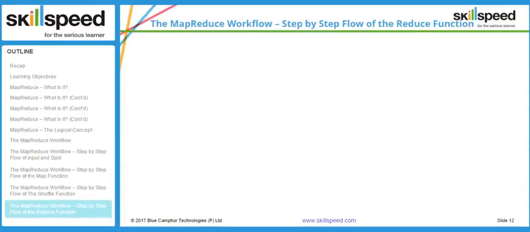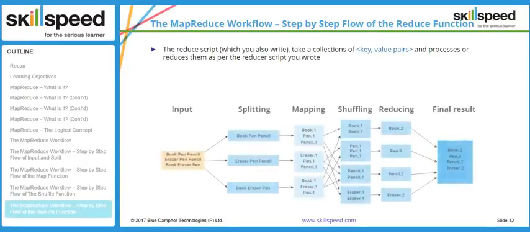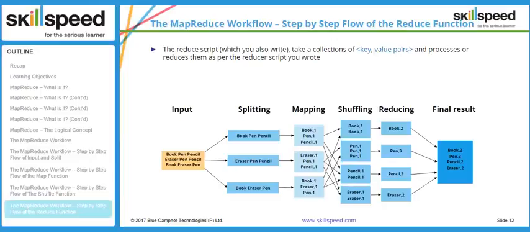Last but not least, we have the reducer program. In the reducer program, again, we are writing simple Java logic which will sum all the values of a given key. The input to your reducer program is the shuffling output. If you look at the first key of the shuffling phase, you have book, 1, book, 1.